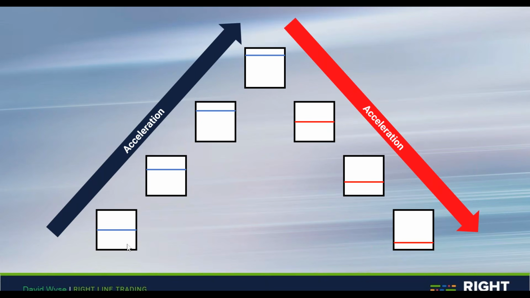This is the open, this is the close, this is the high. As the candlesticks click by, you're looking for the close of that particular candle to be closer and closer to the high of that candle. As the close of the candle gets closer to the high, that is momentum.